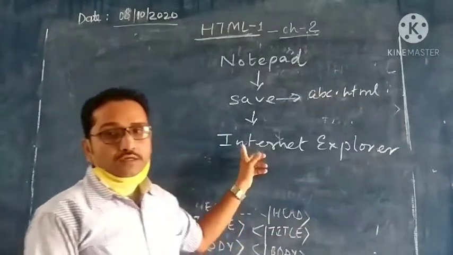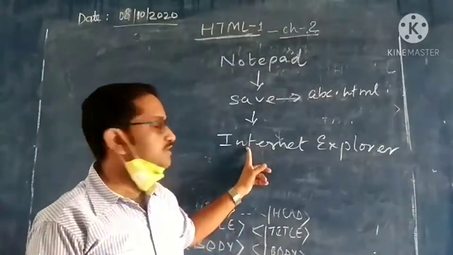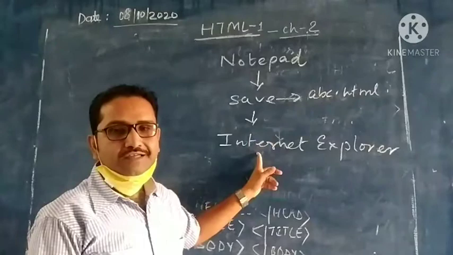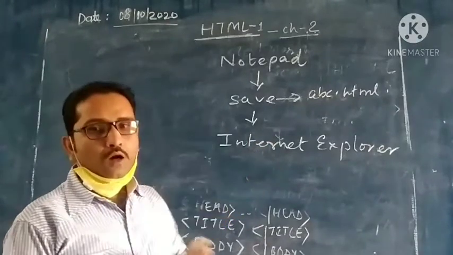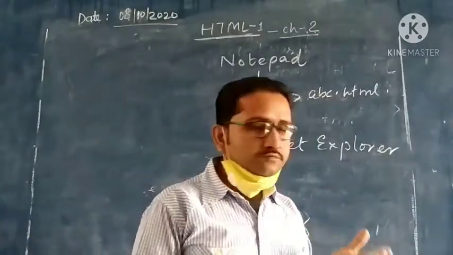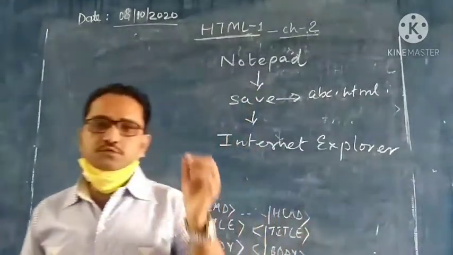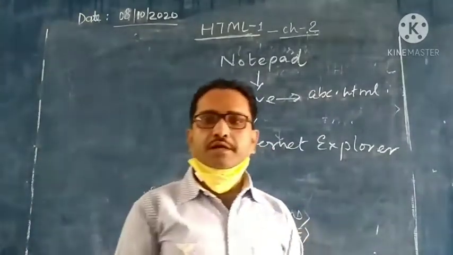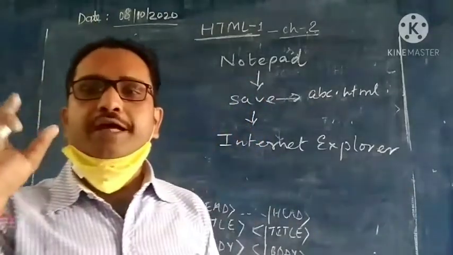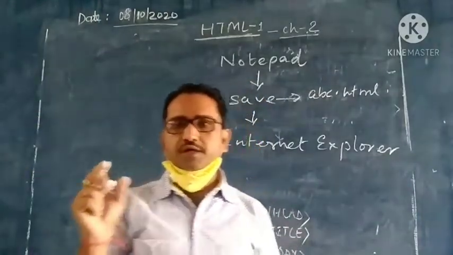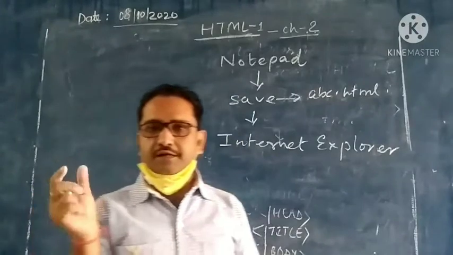In the computer you have Internet Explorer. Just click Internet Explorer, or you can go through File. To open that file, you have to click on Open. Now a dialog box will come where you have to browse that file.